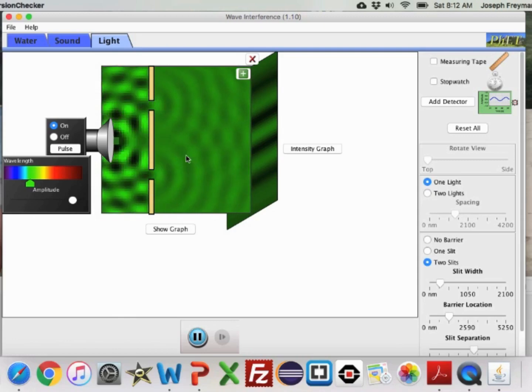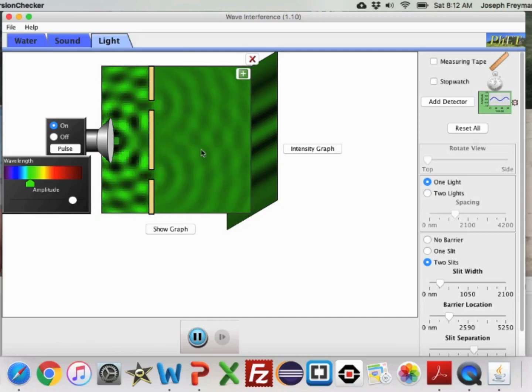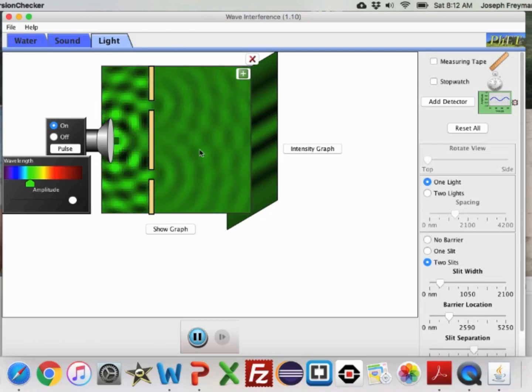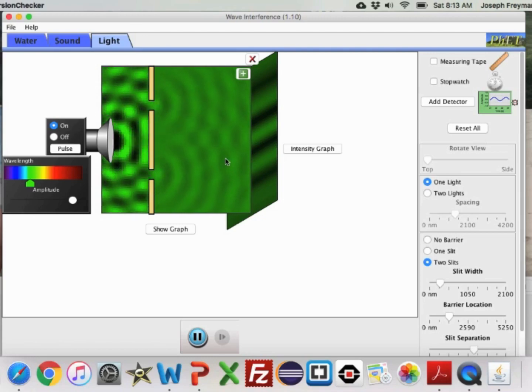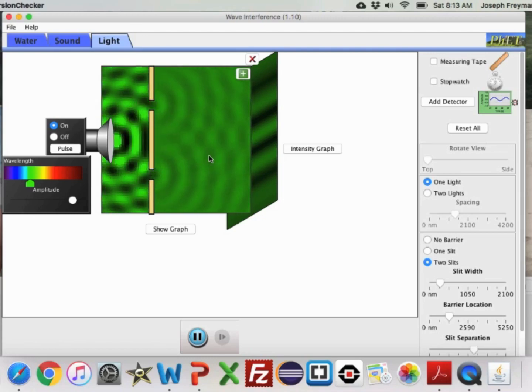Notice, look at the mouse arrow right now. I'm tracing an area of constructive interference where the crests and the troughs of the waves are in phase with each other. And notice that where that area of constructive interference that we're following in the ripple ends up on the screen is a light spot.